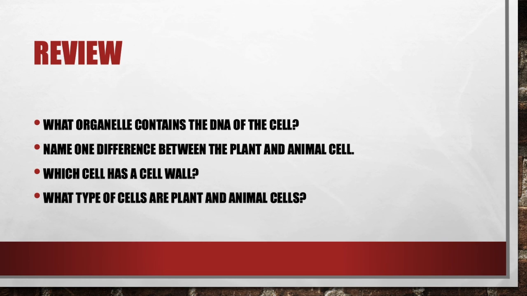Next, which cell has a cell wall? Good job, the plant cell. And the final question is, what type of cells are plant and animal cells? Yes, eukaryotic cells. Good job, guys. So do you guys have any more questions?